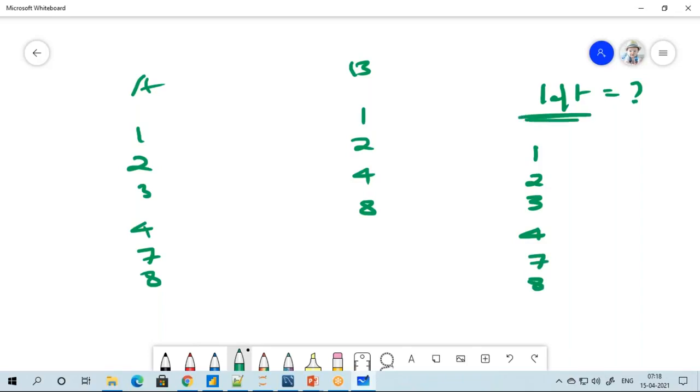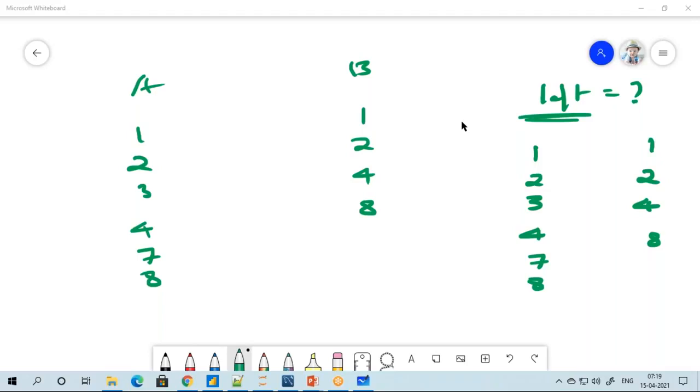Okay, anyone agreeing, disagreeing? 1, 2, 4, 8. Why 1, 2, 4, 8? Left join means what are the common things in the two tables?